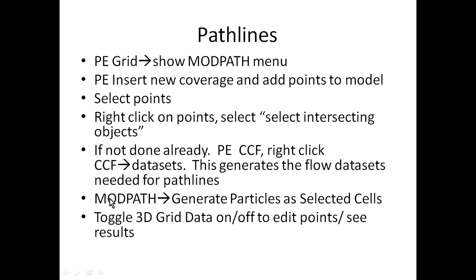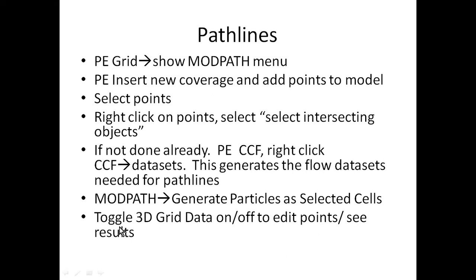Then you need to go to ModPath and pull that down, and there's a selection that's called Generate Particles as Selected Cells. So up here we've just selected the objects, and when we click on this, we'll generate path lines from those points.